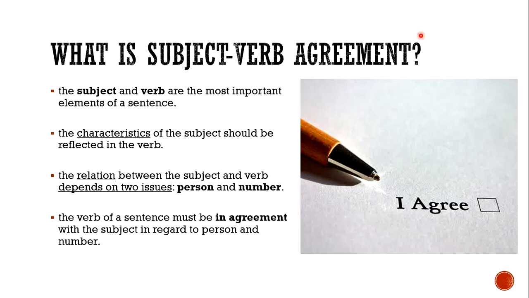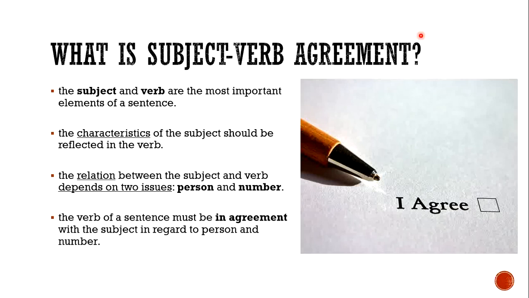All of us are familiar with the words subject and verb. We know the definition, we know how to identify them. Also, we know the word agreement. If you agree to some point with someone else, you call it an agreement.